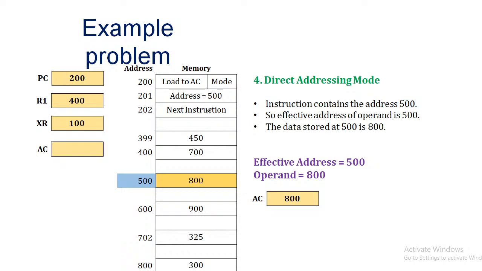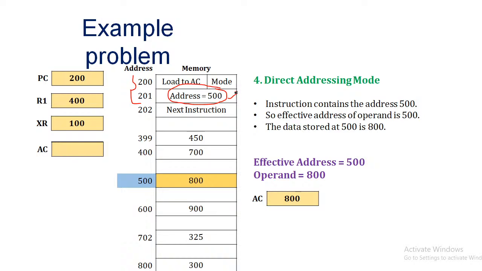Now come to the direct addressing mode. In the direct addressing mode, we know the address of the operand is written in the instruction. If you see the instruction, one address is already there, that is 500. So these two locations will contain the instruction, and in the address part, 500 is already there. The value 500 will be considered as the address.